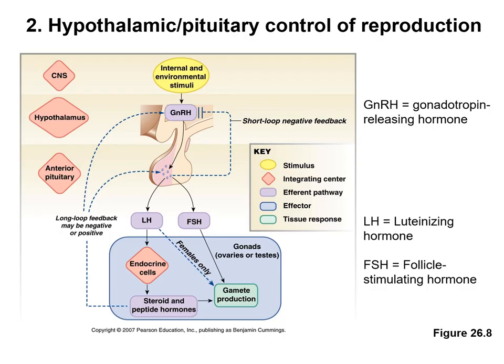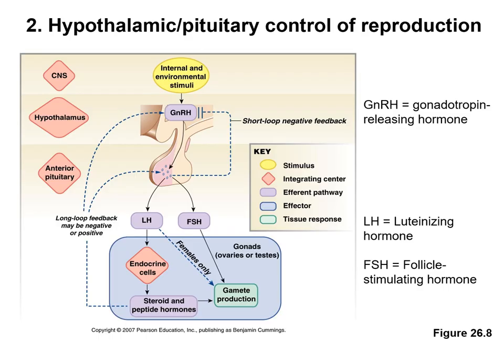Now, in both males and females, when it comes to hormonal control of reproduction, this happens by the hypothalamic pituitary axis. In both males and females, we have some sort of stimuli, which we'll discuss, that stimulate the hypothalamus to produce GnRH. This is the gonadotropin releasing hormone.